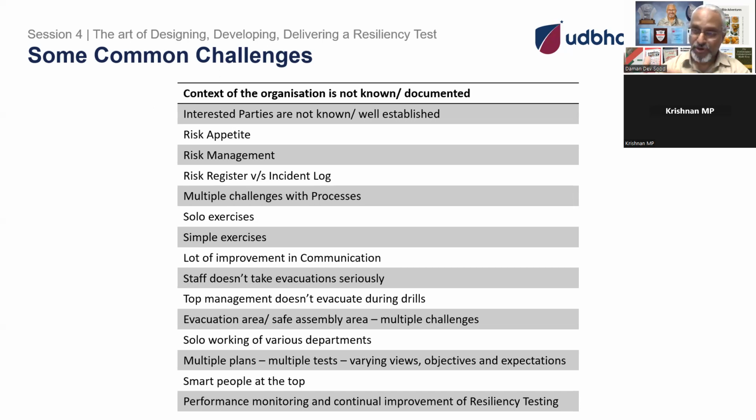Once this product of that process is established, the product has been produced, it needs to be published to the relevant interested parties. And when interested parties know, then they need to be using this. This is the whole cycle, and not only for risk appetite, this is for all activities that we do.